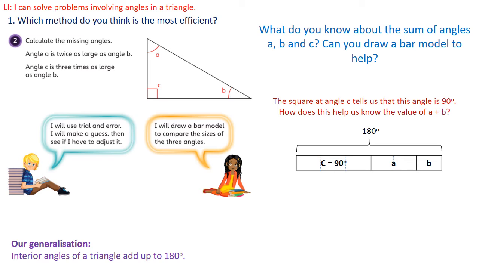So what we need to do is 180 divided by 6, and then that will give us the size of angle B. Once we know angle B, remember what I said earlier, 2 times angle B is A. 3 times angle B equals C. And we know that C is 90 degrees. I'll leave that one for you to work out.